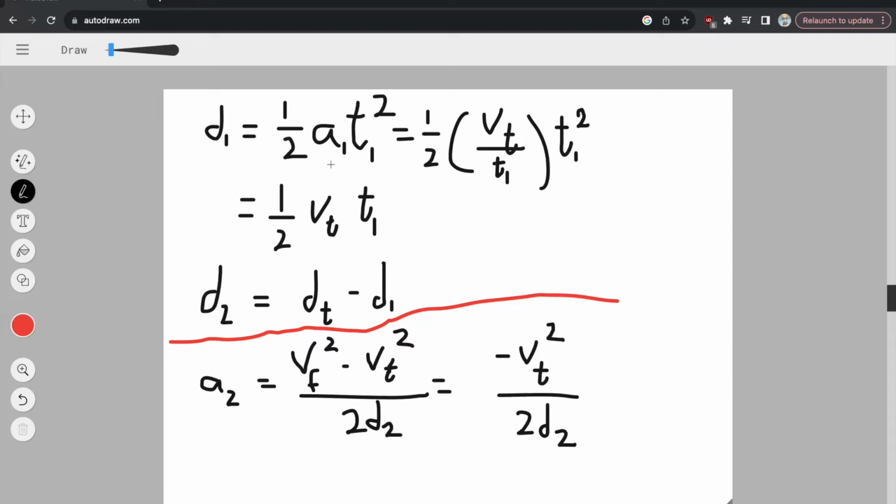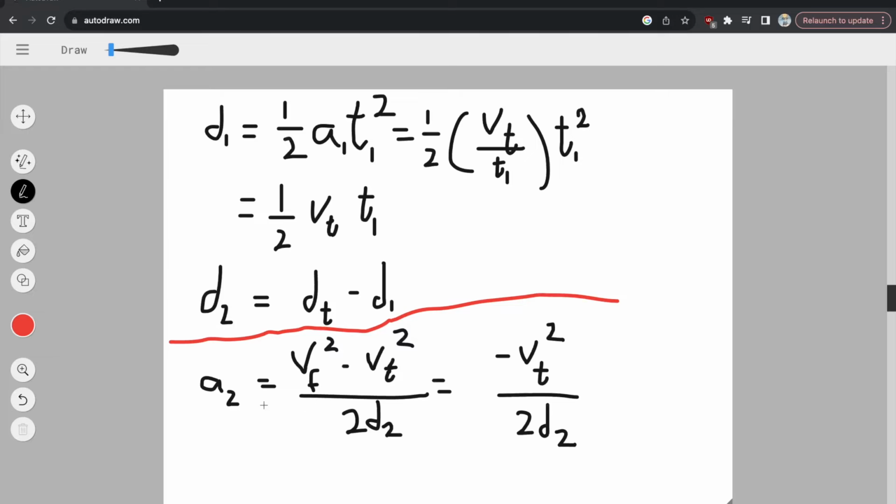And then this acceleration is nothing but our target velocity over the time it took us to accelerate there, which is t1. And so once we eliminate t1 here, we're left with this simple formula. And so the remaining distance is simply our total distance minus the distance covered on the first half, I guess you could say.